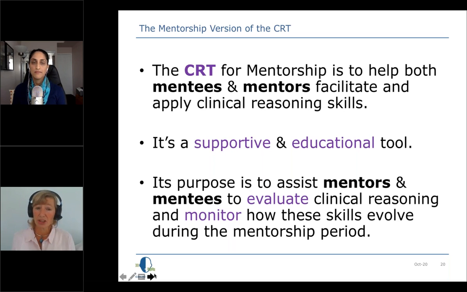It's really designed for mentorship as a supportive and educational tool, and the purpose is to assist mentors and mentees to evaluate clinical reasoning and monitor how these skills evolve during the mentorship period.